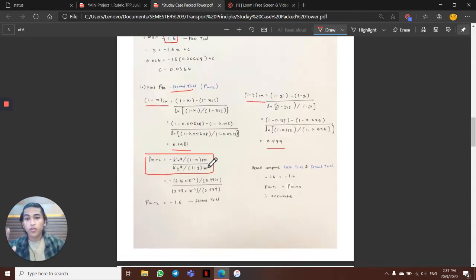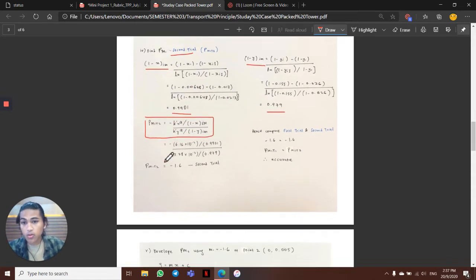So from this calculation we can insert into PM1 T2 to find the second trial of the gradient, which is the slope.